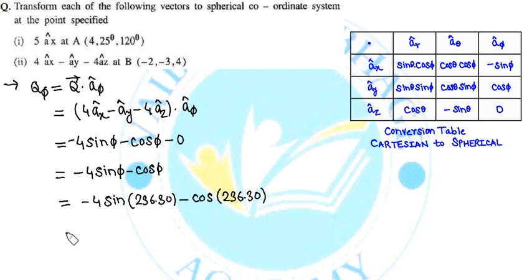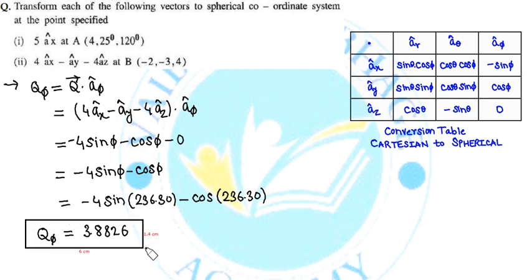Now if you simplify that, you will find that q phi is around 3.8826. Okay, fine. Now we have the value of q phi. Assign some equation number to that one. We are going to call it equation number 4.